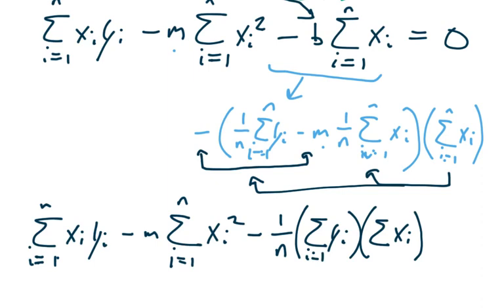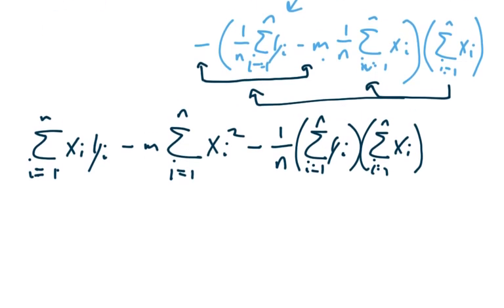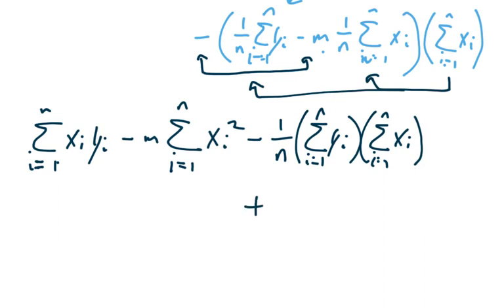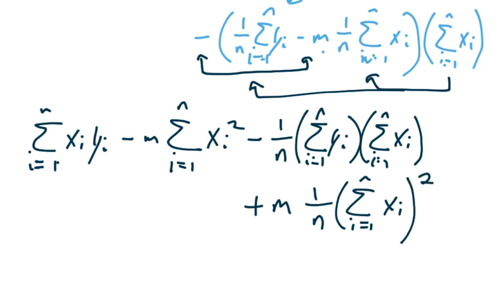Those are from 1 to n, of course, each. And then my double negative kicks in now. I've got plus m times 1 over n, and now I've got the sum of the x's squared, the whole sum squared, right? Okay, so this is all equal to 0.